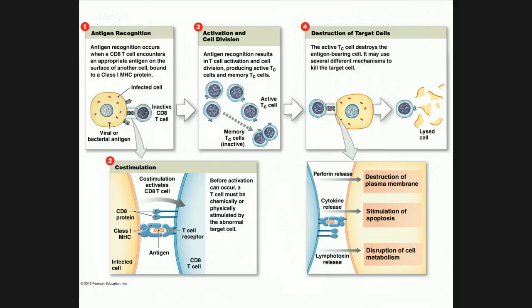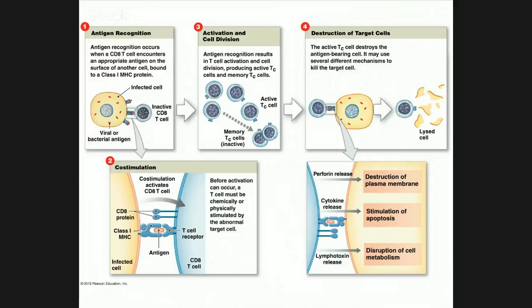And that's what helper T cells are for. They help activate other lymphocytes. So if the CD8 cell can't get the signal directly from the antigen presenting cell, the cytokines that are released from the helper T cell can do the job for this if it's needed.